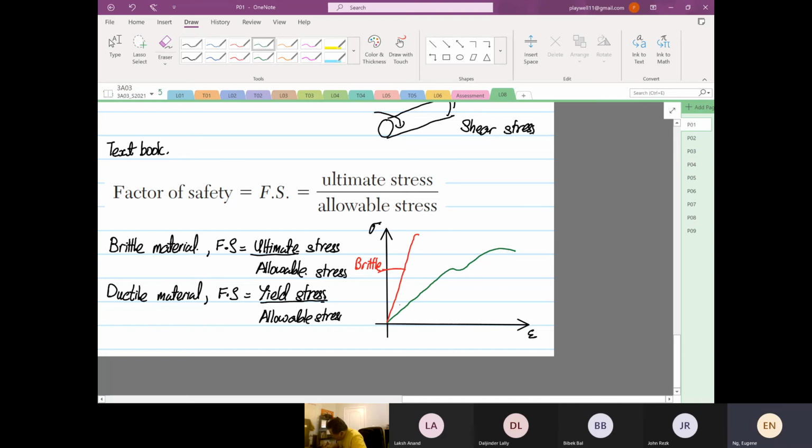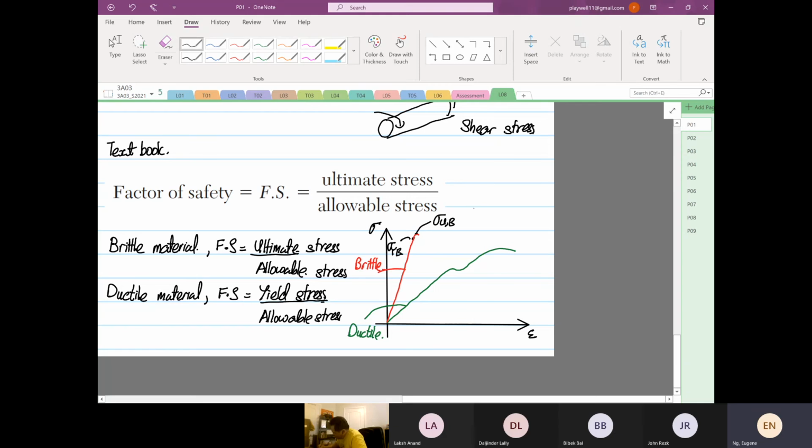For brittle material you have two points: the ultimate strength and the yield.